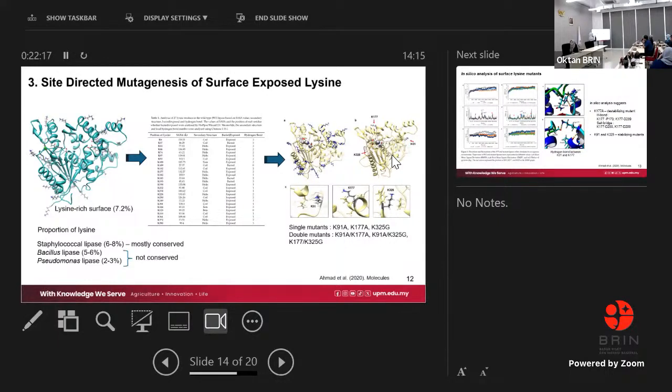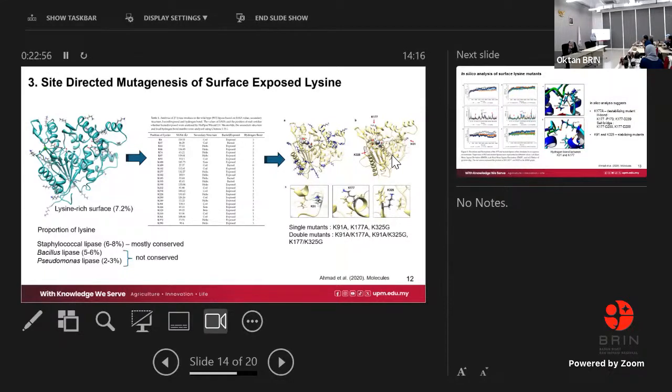So we listed all the lysines in the sequence and analyzed them in terms of the SASA value, the solvent accessible surface area, secondary structure, and whether the residue is buried or exposed. We further used a prediction tool to rank the residues because we wanted to identify which lysine to mutate. We don't mutate all of them because it would take too much time.